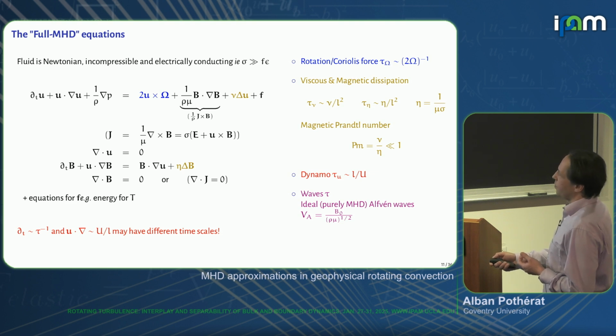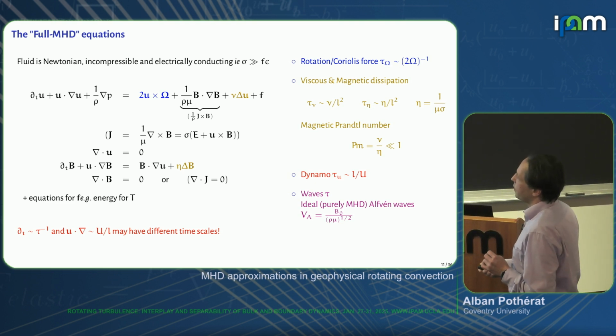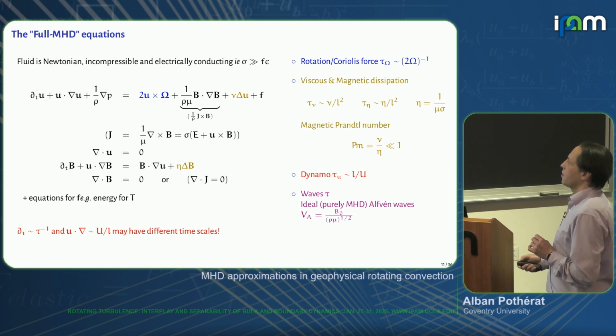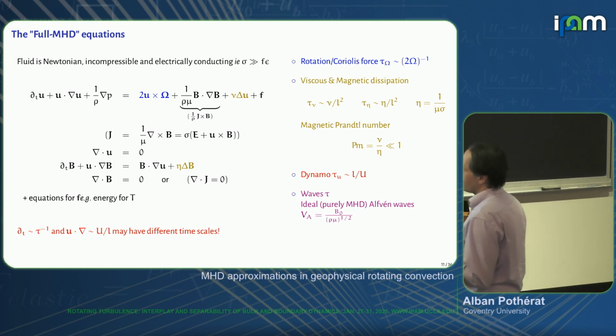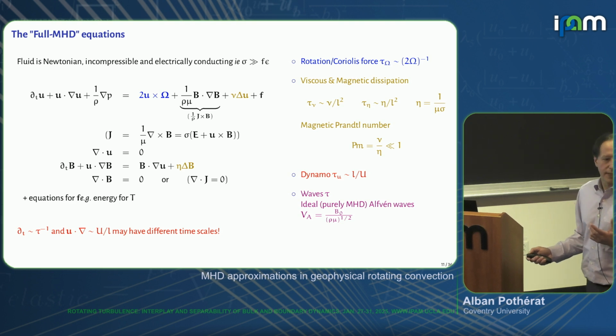several differences. Here is the Coriolis force, but the first difference is that there are two diffusivities, two sources of dissipation: the viscous one here and the ohmic one here. So the magnetic dissipation is here. Then there are two ways to express the Lorentz force: you can use Ampere's law to express the current, or you can use Ohm's law.